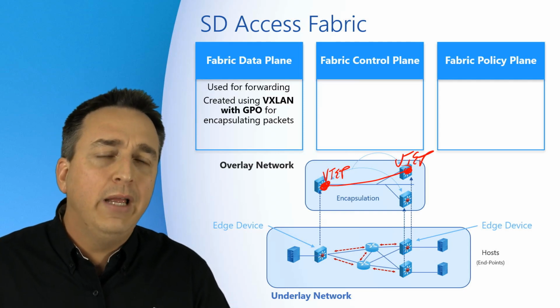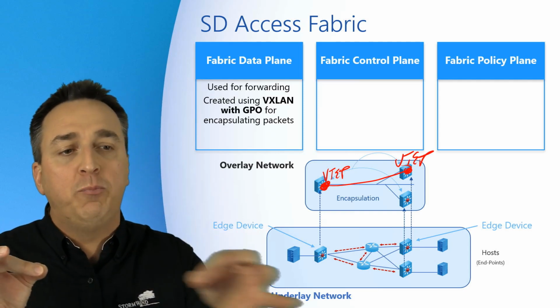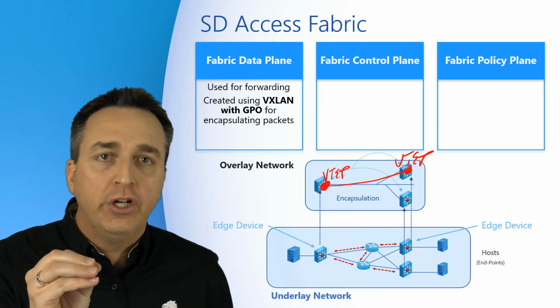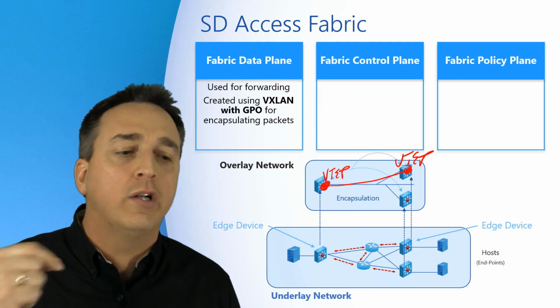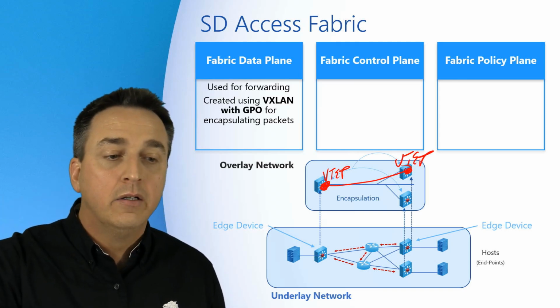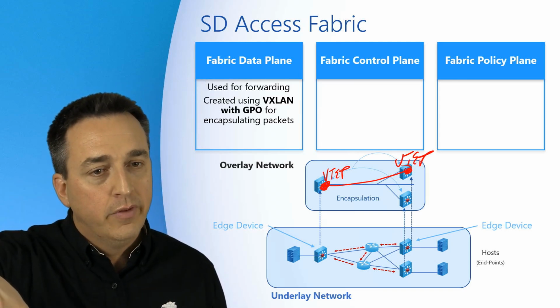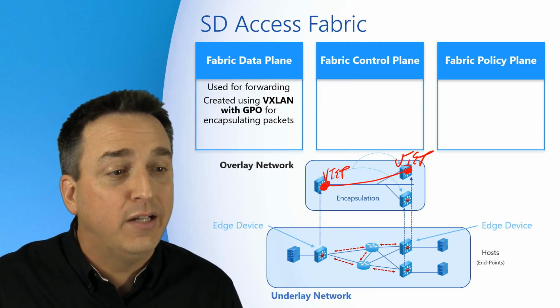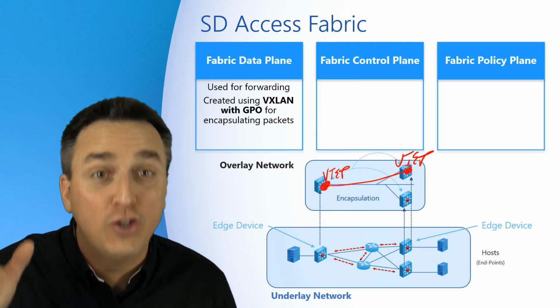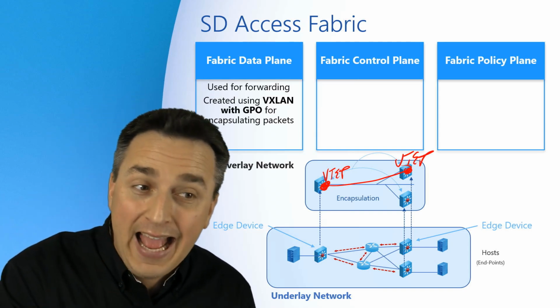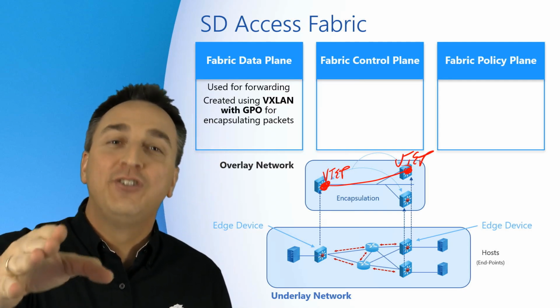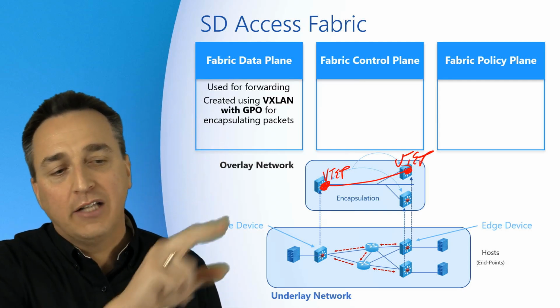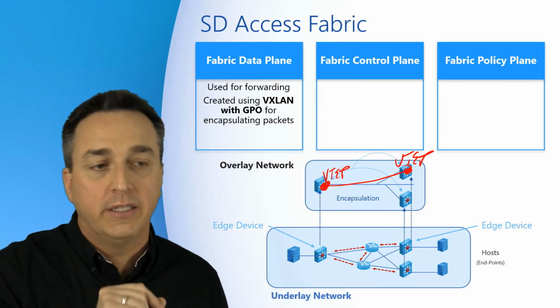So why do we have VXLAN with GPO? Because traditional VXLAN doesn't support something that we need here with SD-Access. And you know what that thing is that we need to support? Security group tags, which are part of what? TrustSec. So that's why we have our VXLAN with Group Policy Extensions.